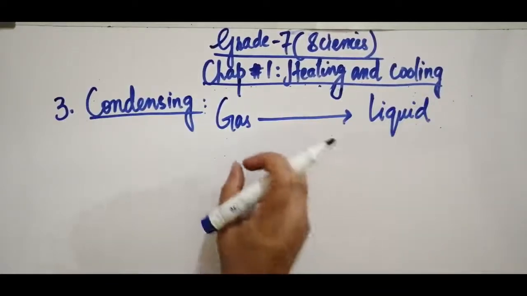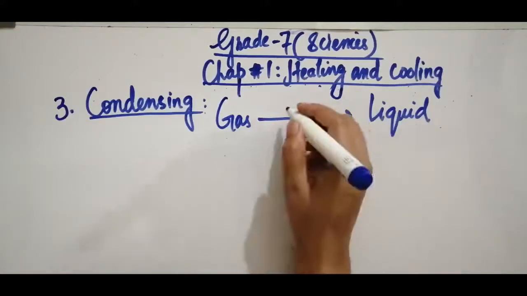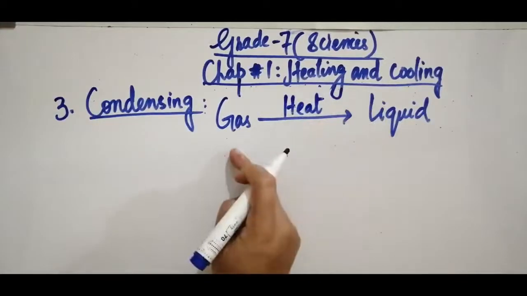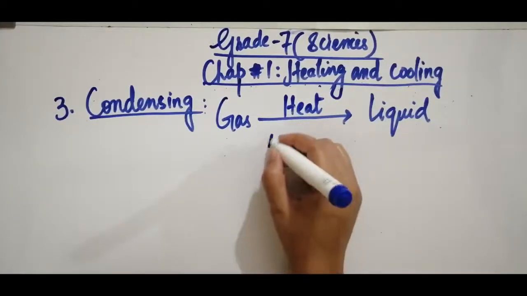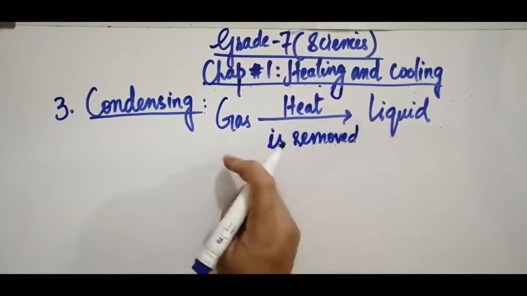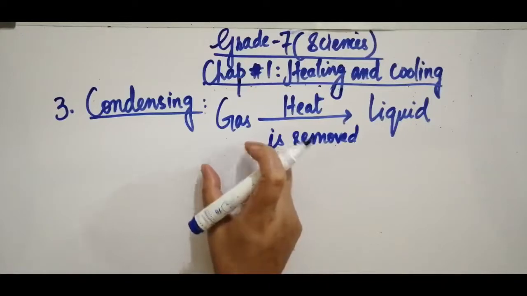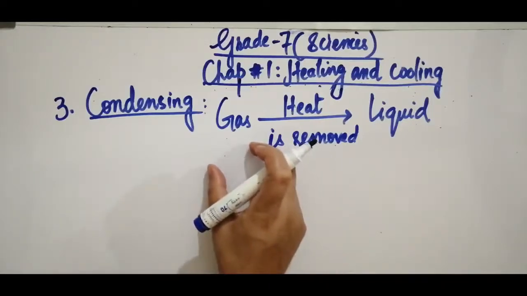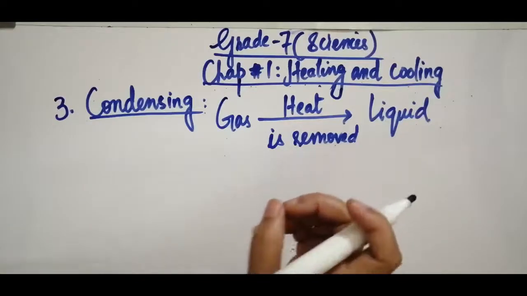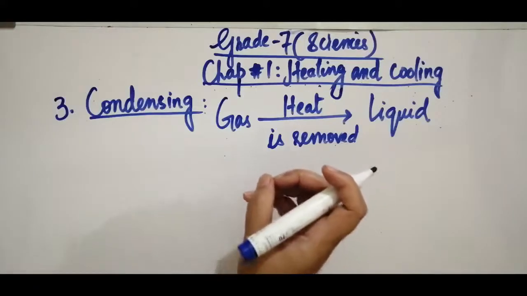Actually, the gas is changed into the liquid when heat is not involved. Heat is not provided to the gas. Heat is removed. So, when heat is removed from the gases, they cool down. And after cooling down, their molecules move not so fast. As we know, the gas molecules are moving faster. They have much heat energy in them.